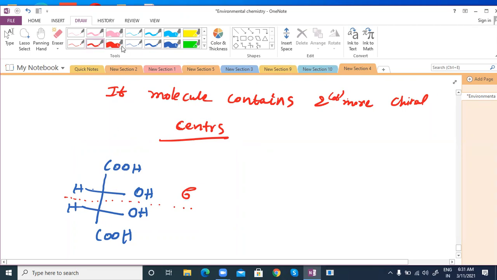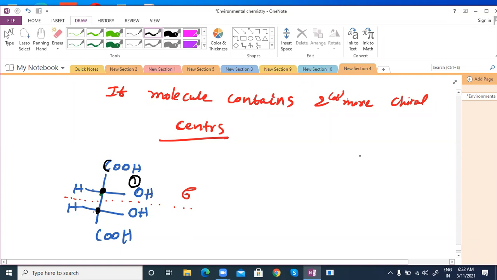Can you try RS nomenclature? This is the chiral carbon, which is marked with a cross, the black color one, that is the chiral carbon, sir. Now we can check it. OH is the first priority because oxygen has the highest atomic number, and here carbon is there, and down also carbon, which is a chiral center.